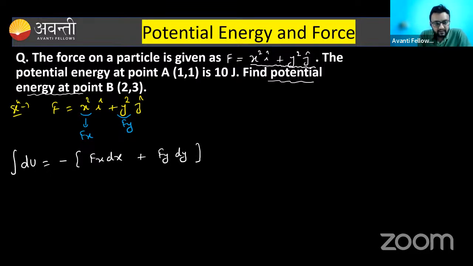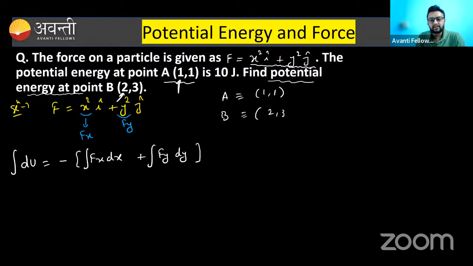If I integrate it, it will become like that. Now, what are the limits of this integration? This will be delta U. Point A is (1, 1), and B is (2, 3).